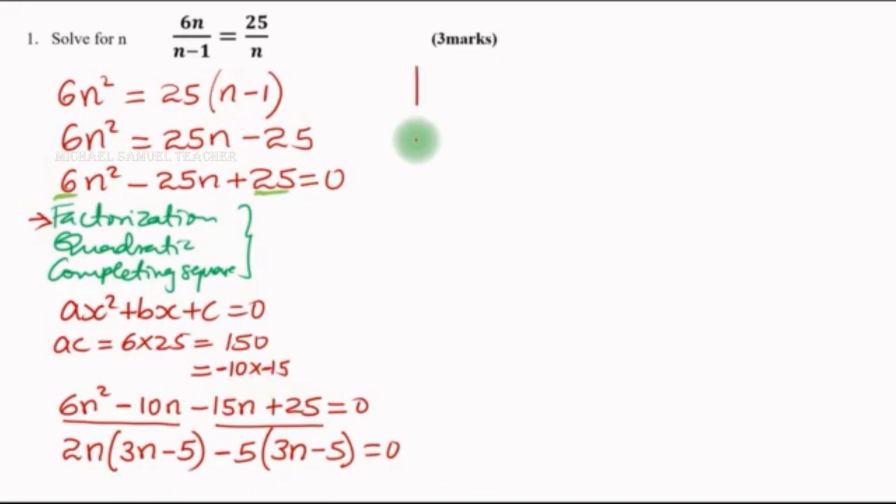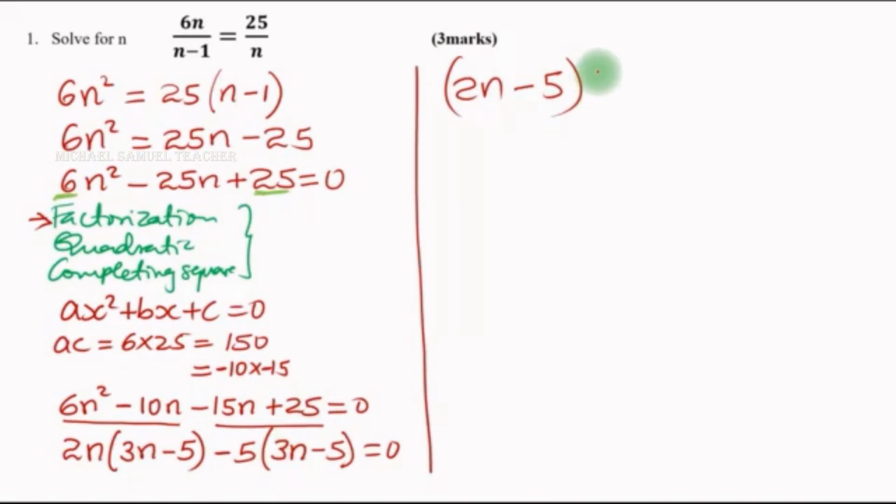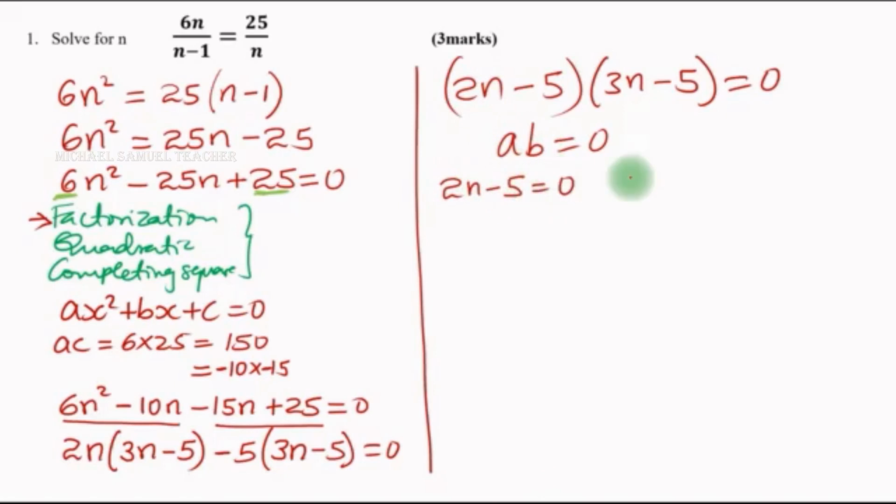Therefore, this can also be written as 2n minus 5, in brackets, multiplied by 3n minus 5, be equal to 0. So if ab is equal to 0, either a is 0 or b is 0. So either 2n minus 5 is equal to 0 or 3n minus 5 is equal to 0.